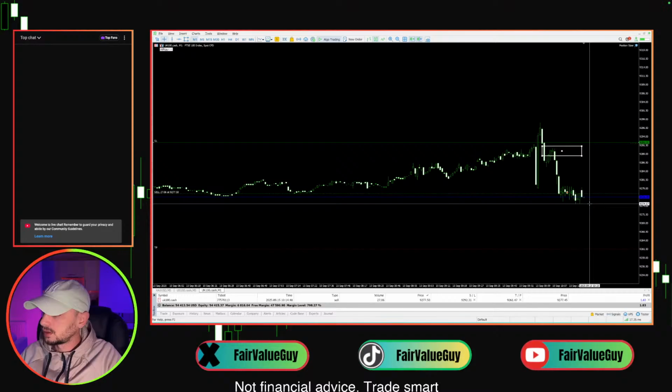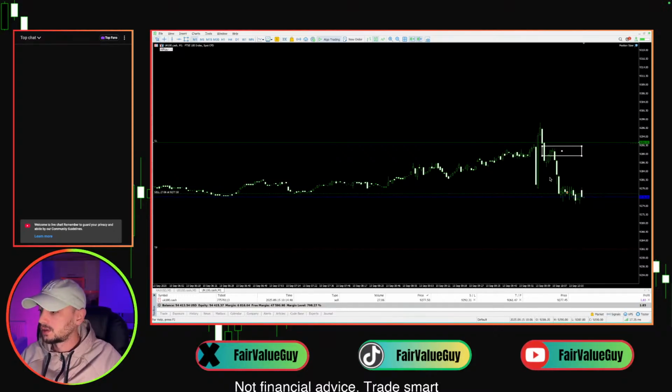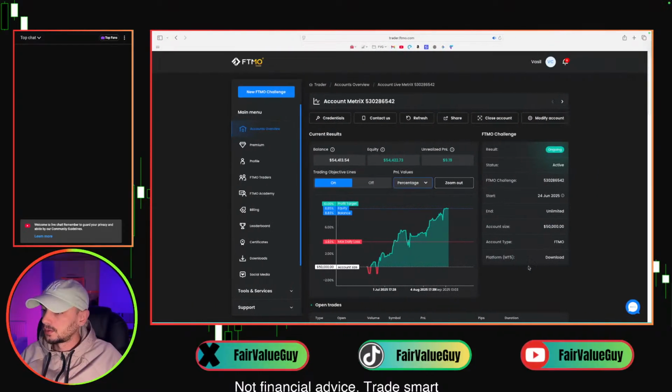We need to see a couple candles on 1 minute closing below. As you can see, even here we're in trade. This is the same trade we took.